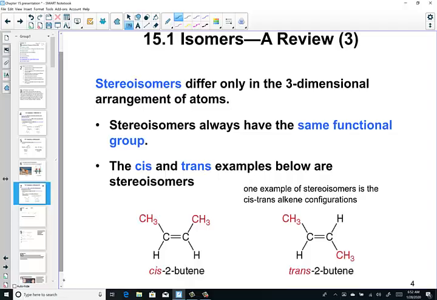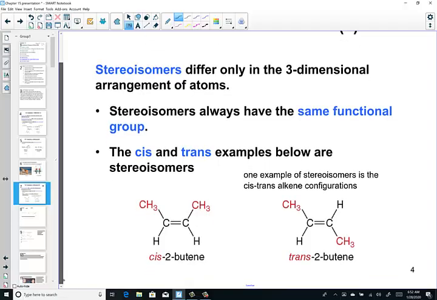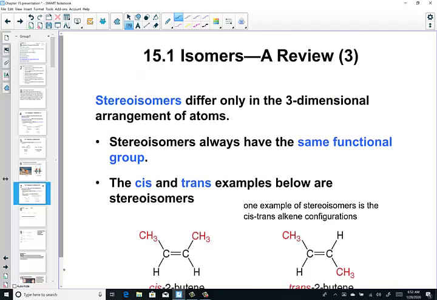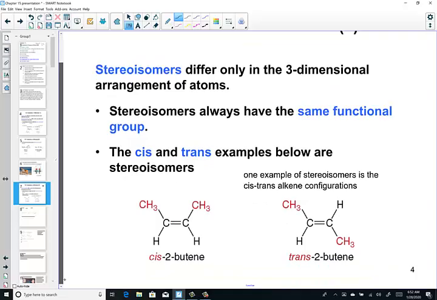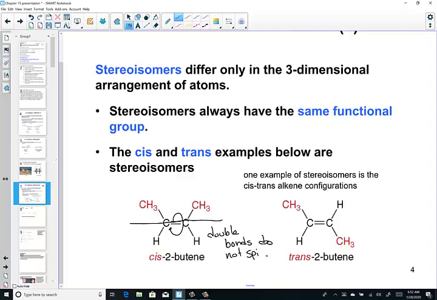We said stereoisomers are called cis and trans as an example, and we just want to emphasize that stereoisomers, such as cis-trans, are not converted into one another by a spin. So I'm not able to just twist that bond and convert the cis into the trans. Double bonds do not have freedom to rotate. There's a good note to add to your page.